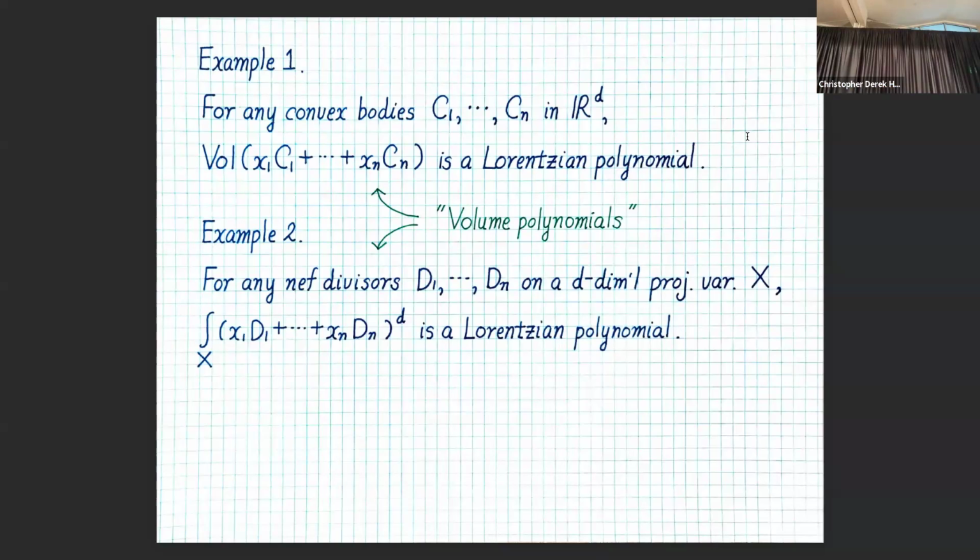In this way, you get a function of x, and this function, as you know, is a homogeneous polynomial of degree d in n variables xi. And you may be familiar with the statement that such a polynomial, also called the volume polynomial in algebraic geometry, is log concave on the positive orthant.